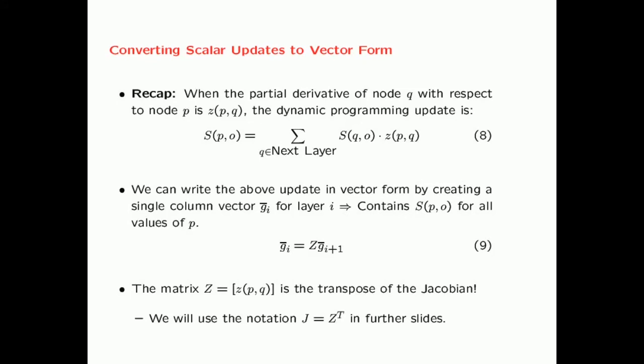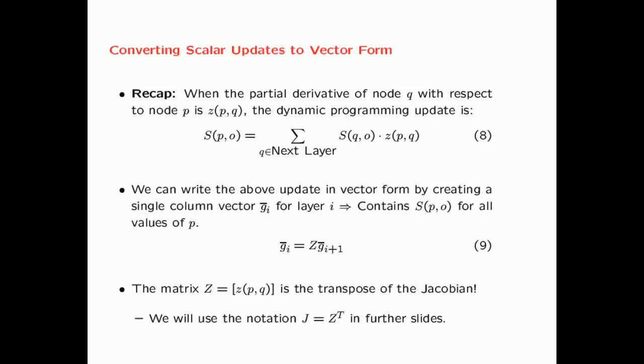Now, just to recap what we already discussed in the previous part of this lecture, the dynamic programming update, which is S_P^O, that's basically the partial derivative of the output with respect to the variable in node P, is given by the sum of the product of S_Q^O with Z_PQ, where Q is from the next layer and you're summing over all nodes in the next layer. Note that this is a scalar operation.